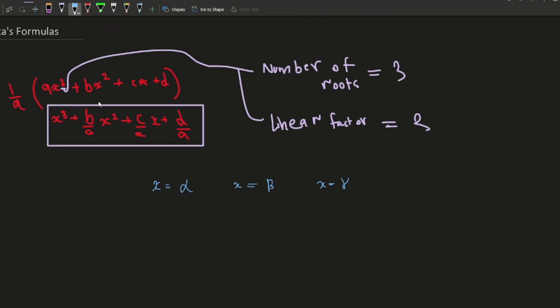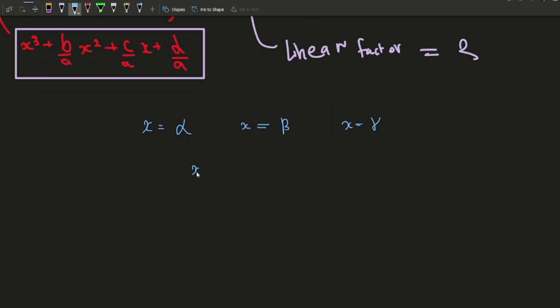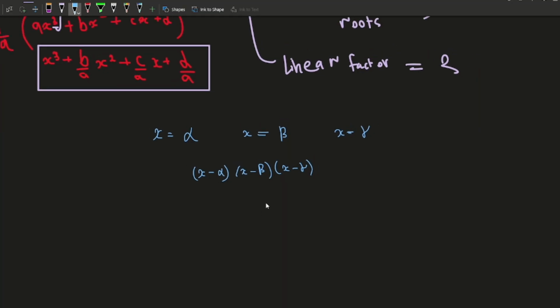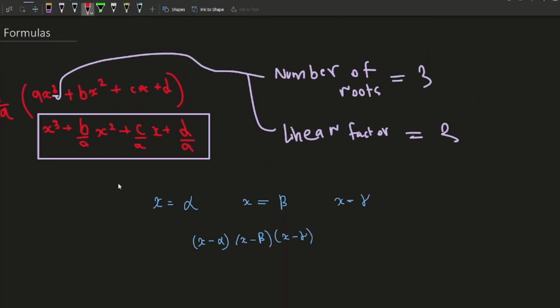So let's now write them as linear factors: x minus alpha, x minus beta, x minus gamma. Now let's expand this. As I said before, if we expand our linear factors, we should get our original equation back.